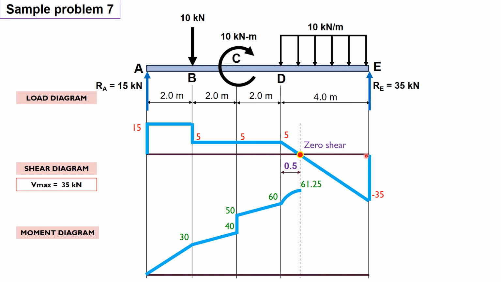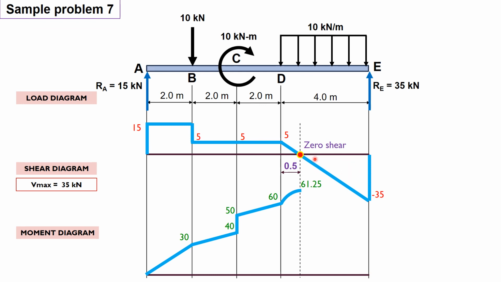So this is 3.5. So again, the area of this triangle is 1/2 by 35 by 3.5. And since this is a negative area, so we will subtract it from 61.25, which will give us the moment here. And if you will compute that, this is also 61.25.